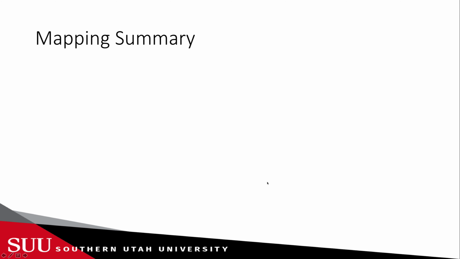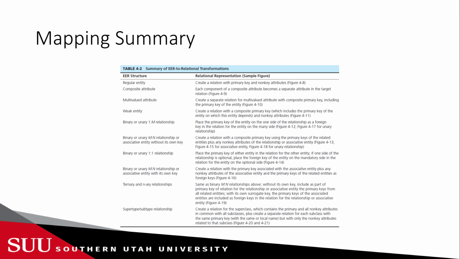Now finally, I just included a mapping summary that is going to summarize all the rules for mapping. So the structure is here and the rules are here. So if we have regular entity, composite attribute, multi-valued, weak entity, binary one-to-many, binary many-to-many, binary or unary one-to-one, so this is the same thing, and binary or unary many-to-many, ternary, and then finally subtype, supertype relationship.